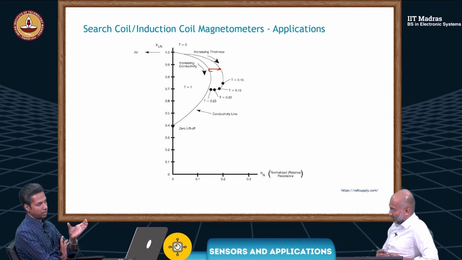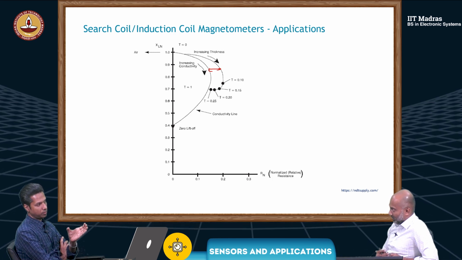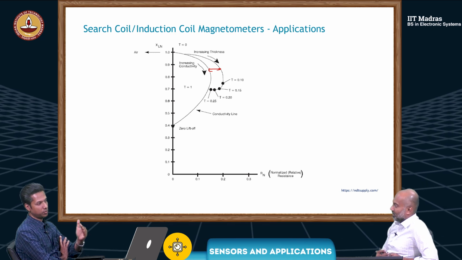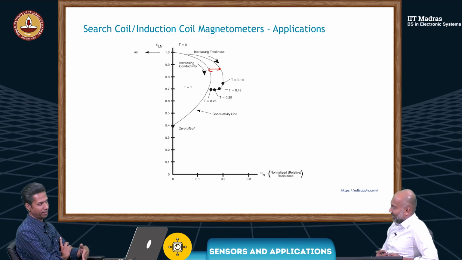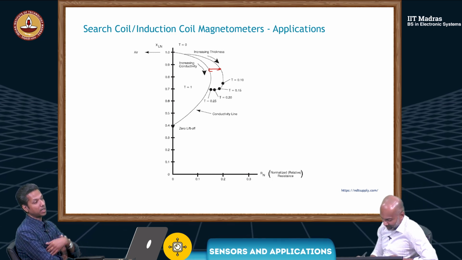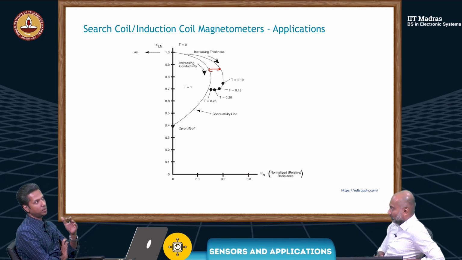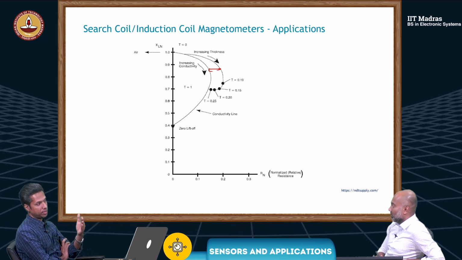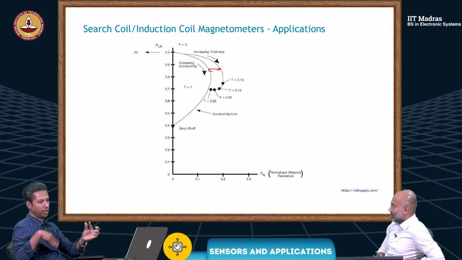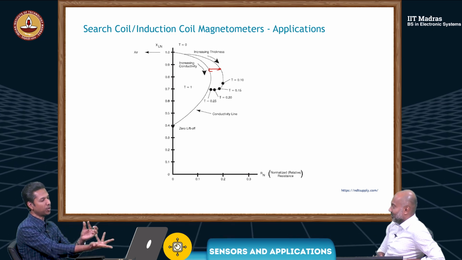With the original thickness, maybe it had a certain depth of penetration. Now the depth is reduced physically because you have removed the material, so it's shifting away. But in case the depth of penetration was low and you had a thick material and I removed something from here, there may not be any effect also.